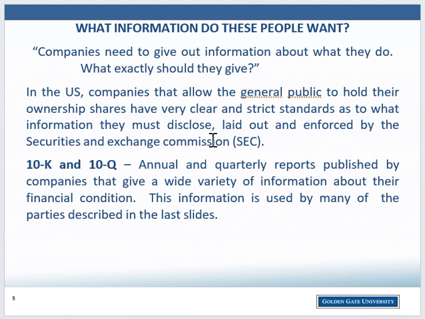And they typically come up with reports that are published quarterly, which is 10Q, and there is an annual report that gets published, 10K, where a variety of information is disclosed.